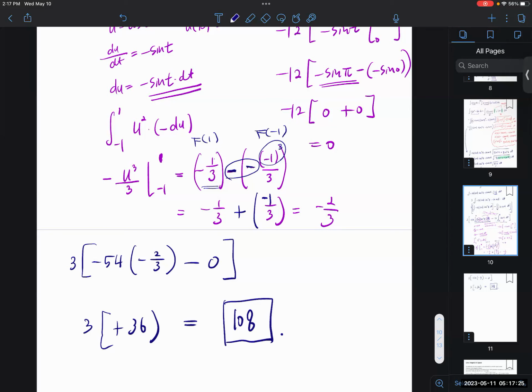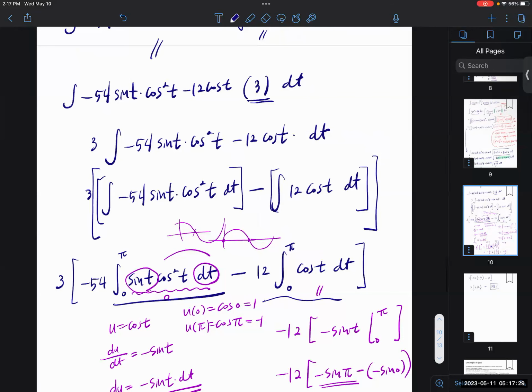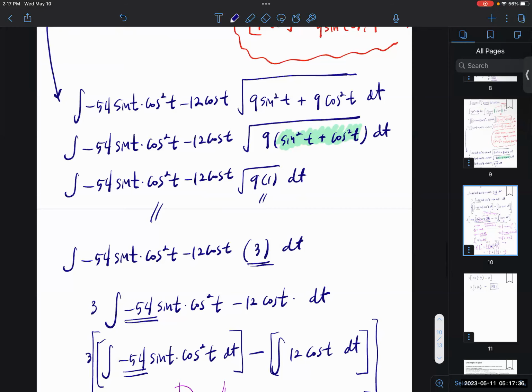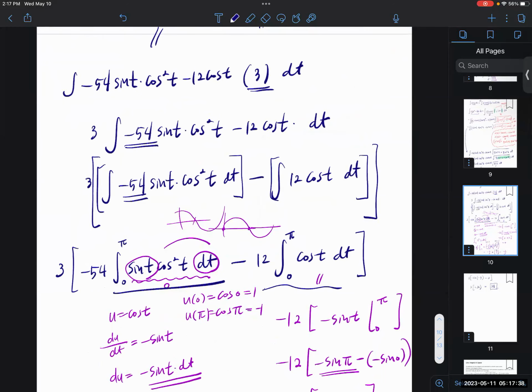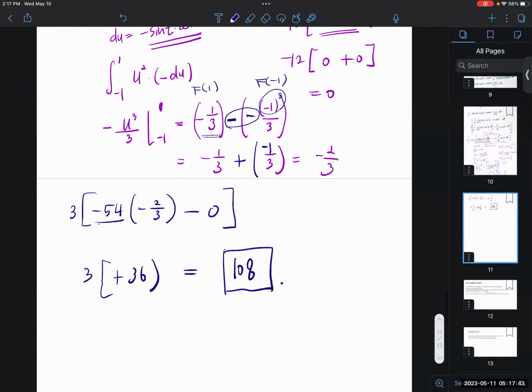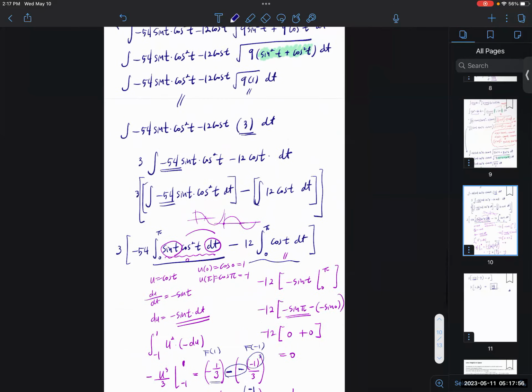So we have a negative 54. I'm fine. So double negative changes to positive 36. So I got 108, a positive number. I will double check, but I think this number is correct. So that's the area of that function in three-dimensional space.